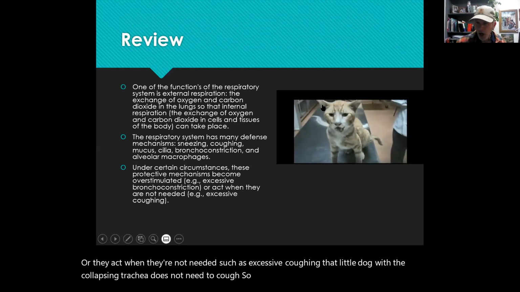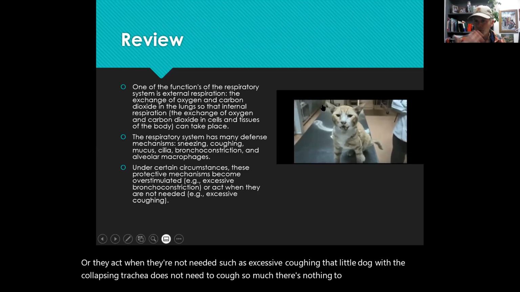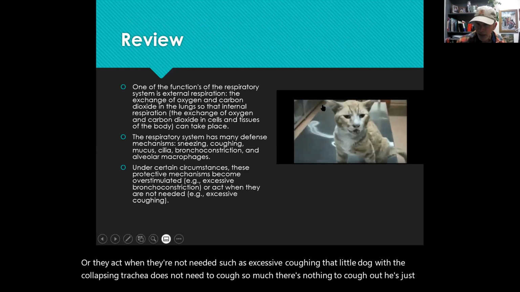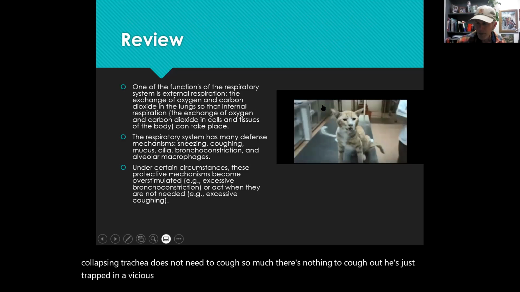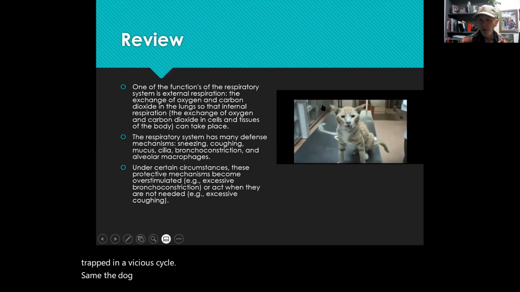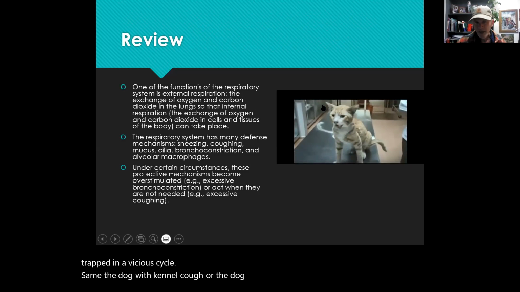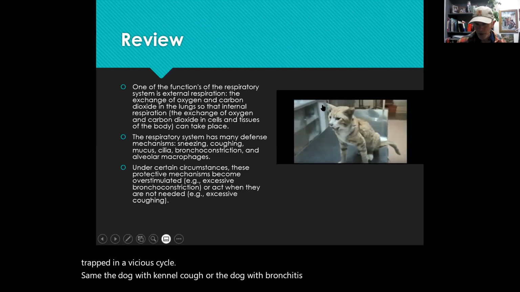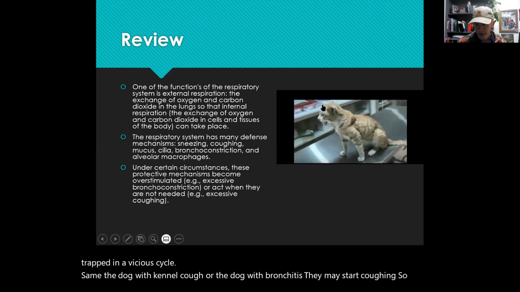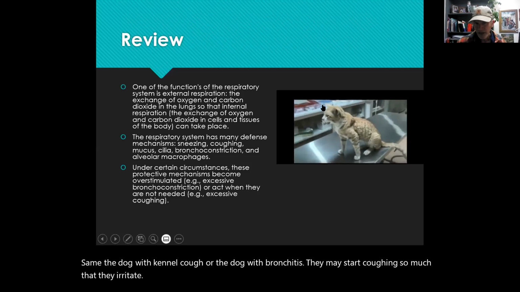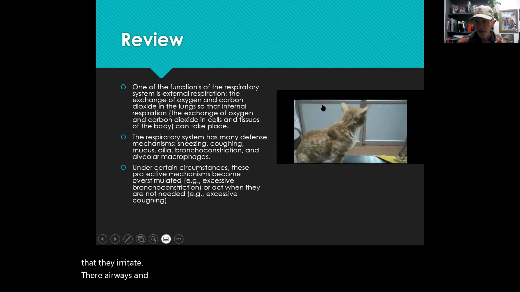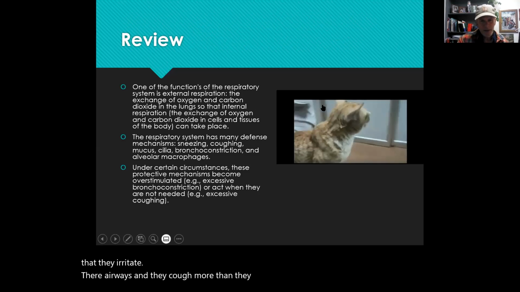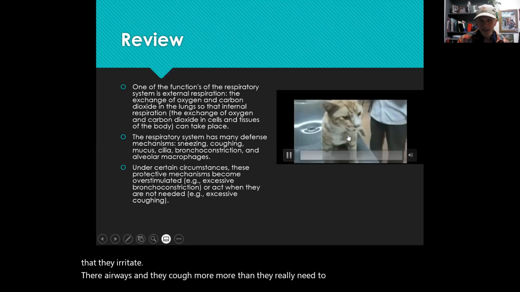There's nothing to cough out. He's just trapped in a vicious cycle. Same with the dog with kennel cough or the dog with bronchitis. They may start coughing so much that they irritate their airways and they cough more than they really need to. So we will call that excessive coughing.